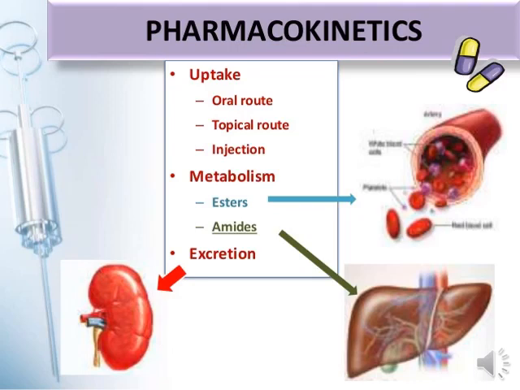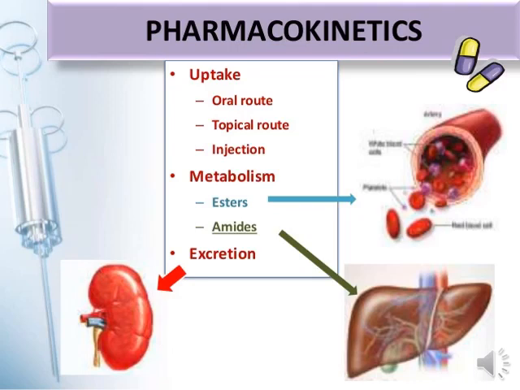So the local anesthetic drugs can be given by the parenteral route, the enteral route, and through injection forms. Then the metabolism is basically carried out according to the type of the local anesthetics. The local anesthetics, as we know, can be of two types, that is the esters and the amides. The esters are metabolized by the esterases that are present in the plasma of the blood, and also within the liver.